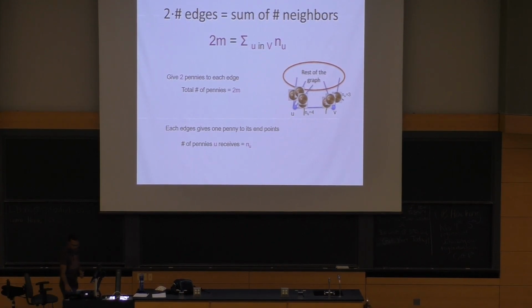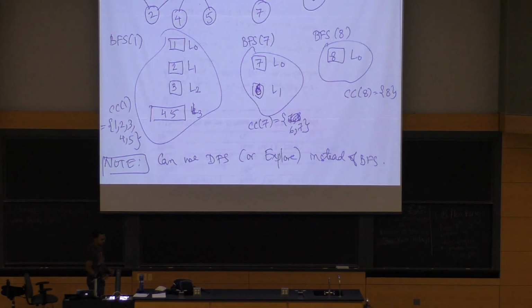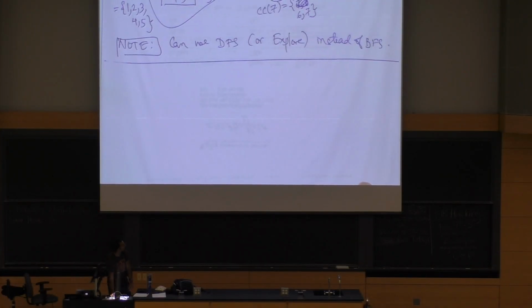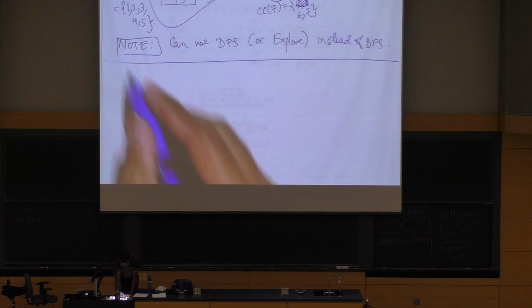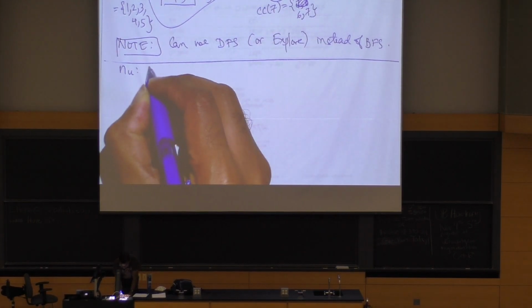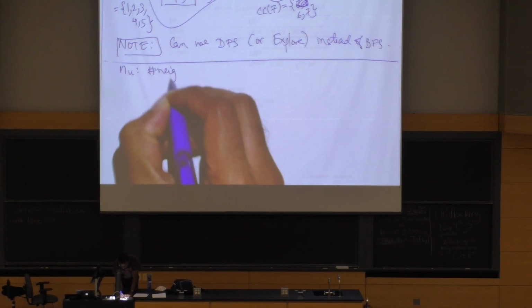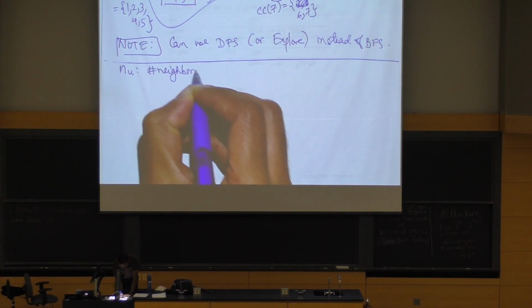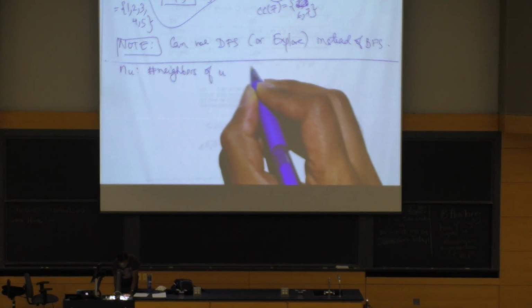Okay, so what we're going to do next is use this identity to argue that the space requirement for the adjacency list representation is order m plus n. As a reminder, n of u is the number of neighbors of u.